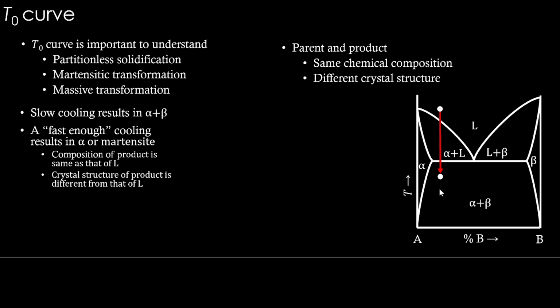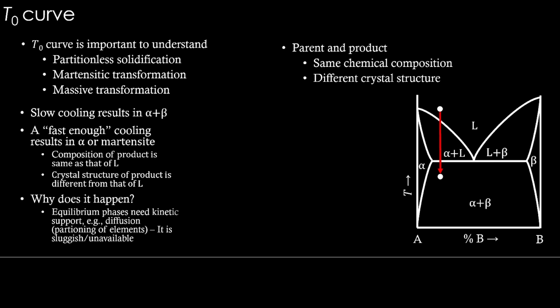Okay, why does that happen? Equilibrium phases need kinetic support, for example diffusion or partitioning of elements. What am I talking about? Partitioning of elements is basically this. You see the compositions of alpha and beta at this temperature, you can draw a tie line and figure it out, right?